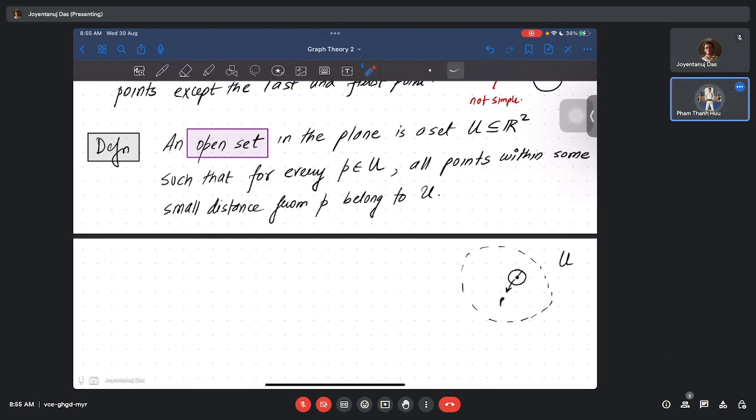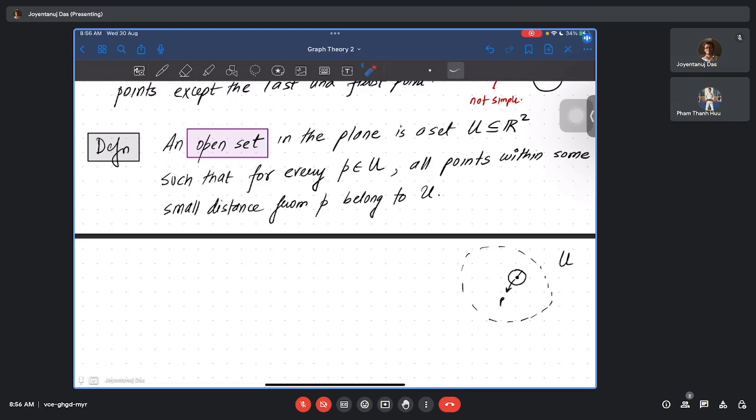I am trying to remember the definition of open set and closed set in topology. Yes, that is the same definition. For a closed set we have to include the limit points. But limit points will not satisfy this condition, that for every point we will find some small distance such that every point within it belongs to that set.